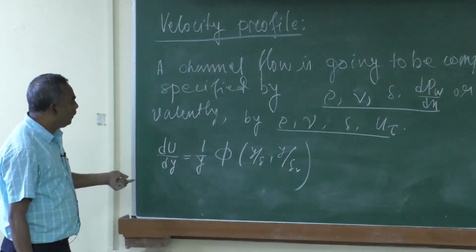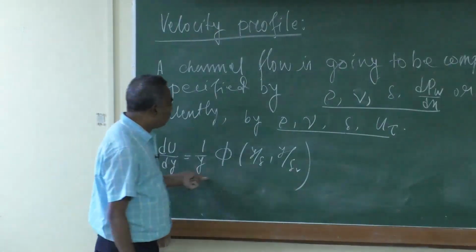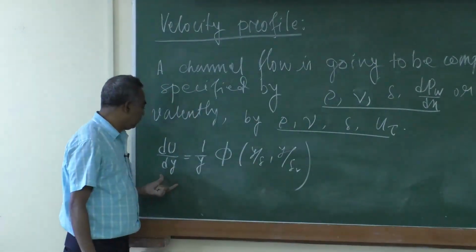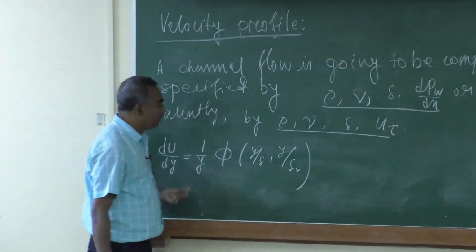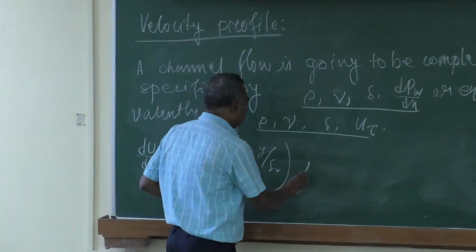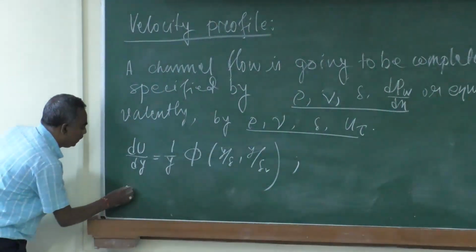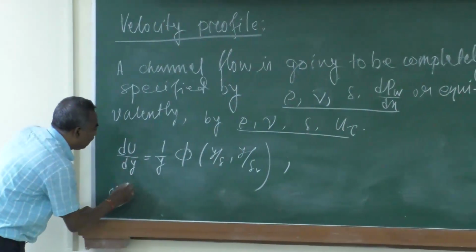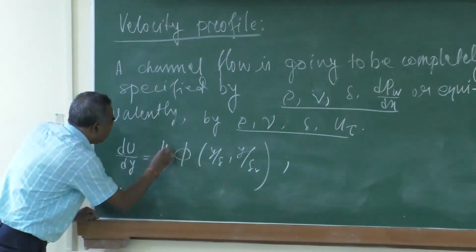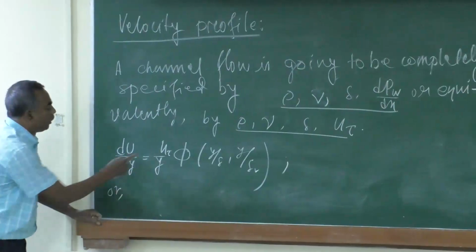Now what we can do here, we can non-dimensionalize both sides of this equation. You see there should be a u tau here. One u tau should be here.